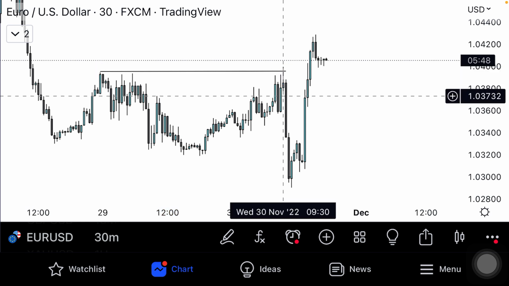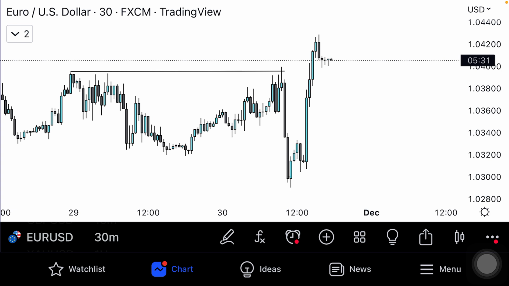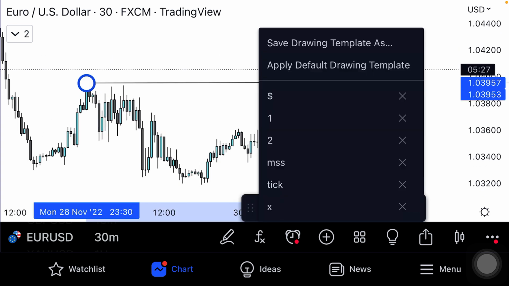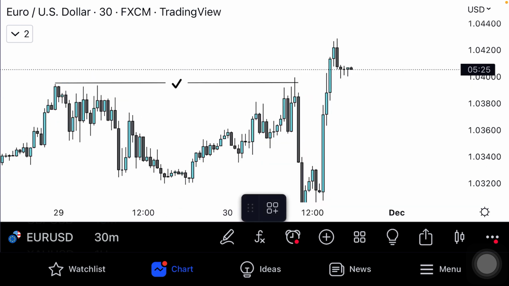So 9:30 is when price moves in volatility. There are two such times, one of them is 8:30 and one of them is 9:30. I will disclose many more in some future videos. So when we sweep the buy side liquidity, what we're going to do is drop to lower time frames.